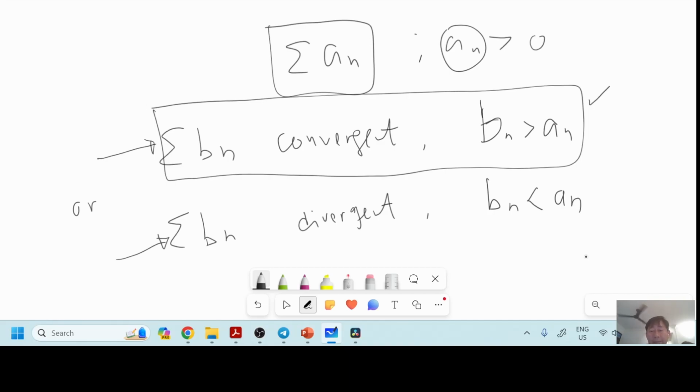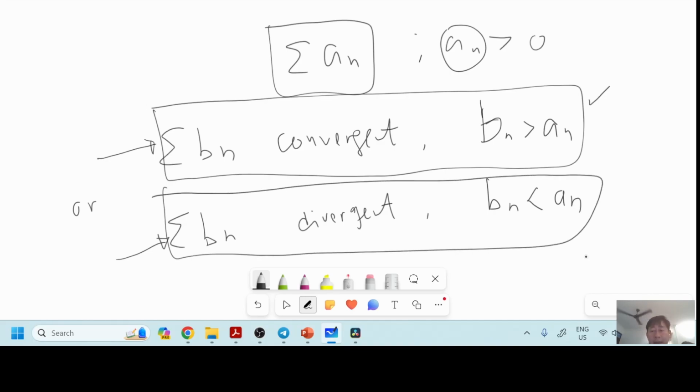On the other hand, if you can find any series Bn that is divergent and at the same time is term by term smaller than the series An, that means you have proven the series An to be divergent.